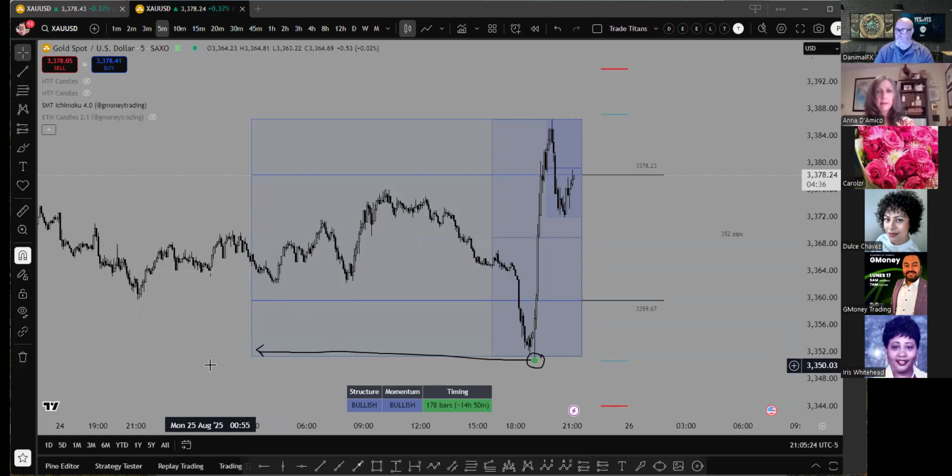That equates to 14 hours and 50 minutes. So this low and this high will remain intact for 14 hours. It's kind of like a stability thing.